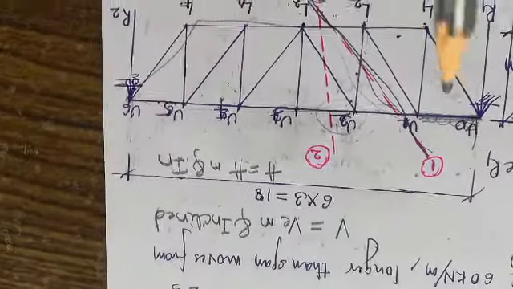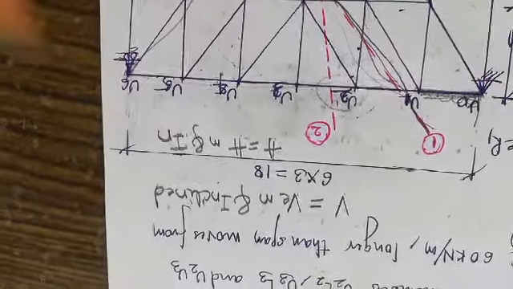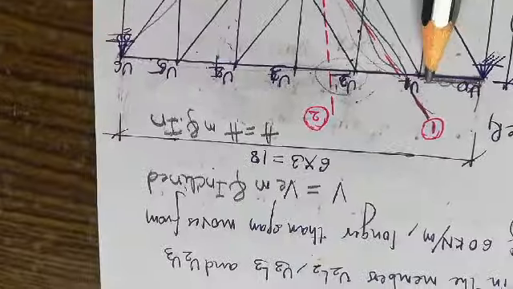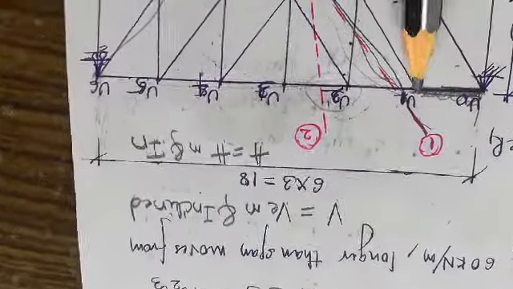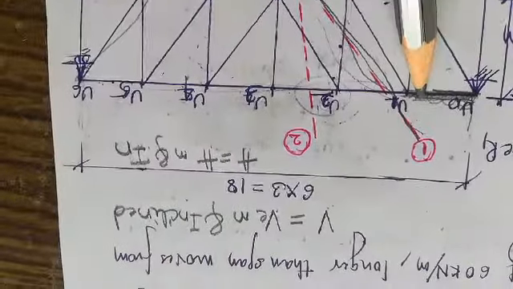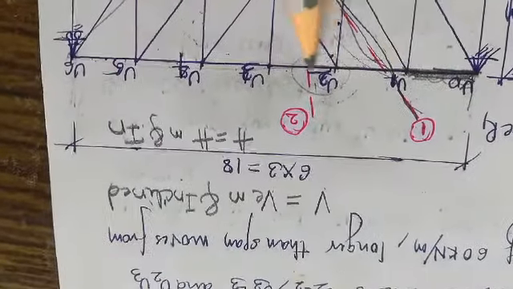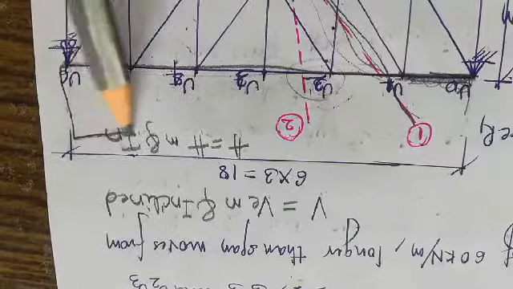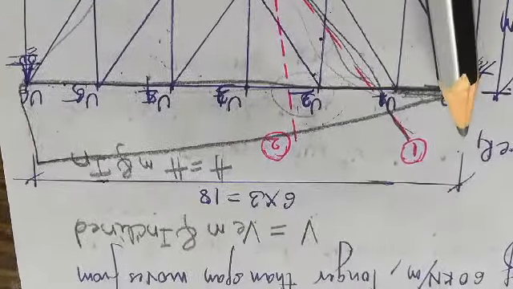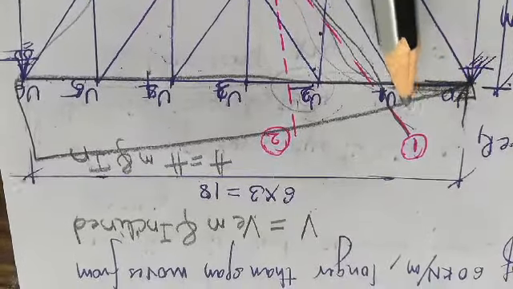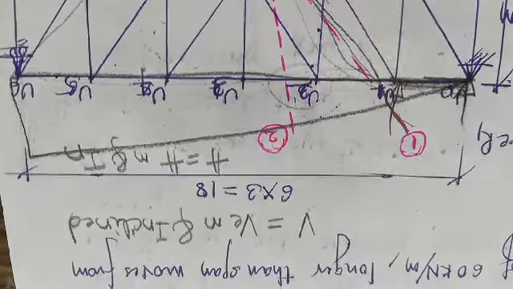Once the load is in this form, when the load is in U0 and U1, if I draw the influence line diagram for R2, this will be the influence line diagram for R2. Once my load is on U0 and the second time the load is on U1.